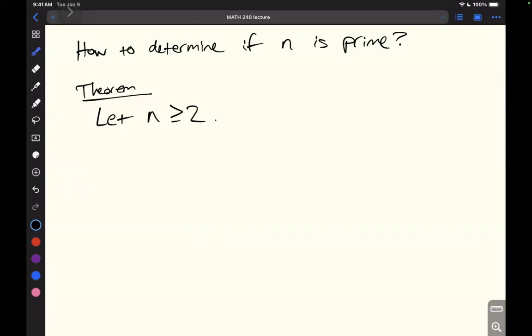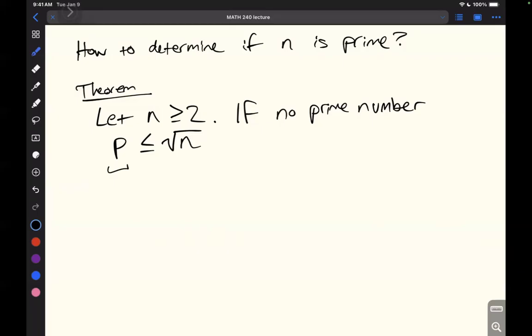The theorem says if no prime number, let's call that prime number p, and let's limit it to being up to the square root of n, divides n, then we can say n is prime.